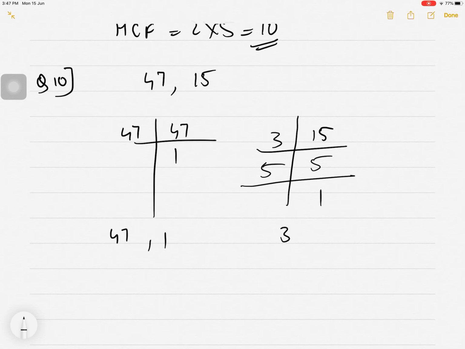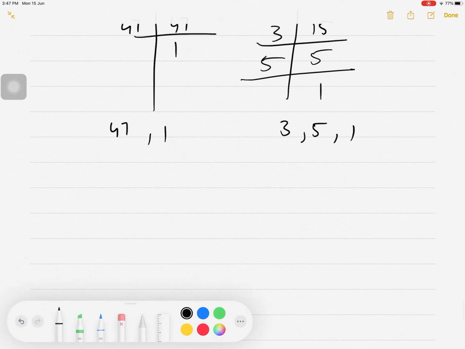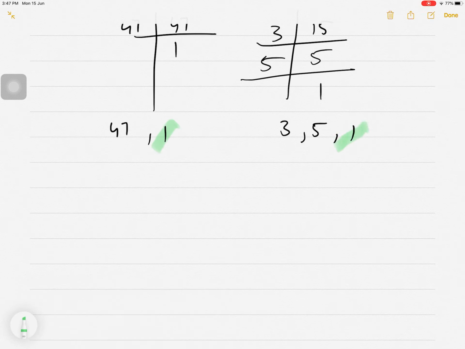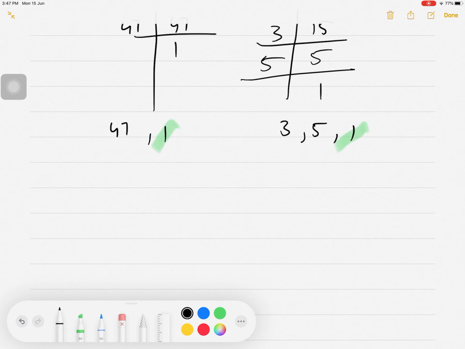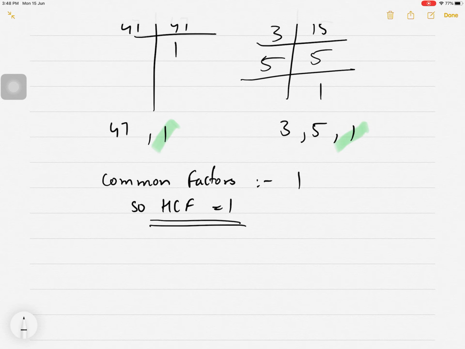Factors of 15 are 3 and 5. Right? So nothing is common. When nothing is common, then 1 is the highest common factor. Okay? So common factor is 1. So highest common factor, when nothing is common, 1 is the highest common factor.